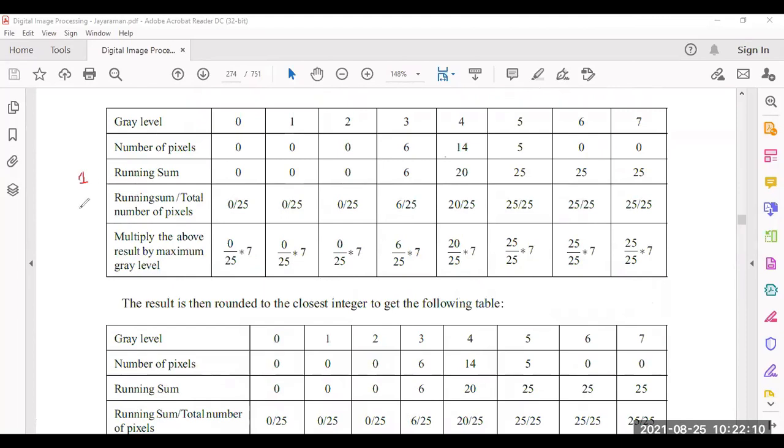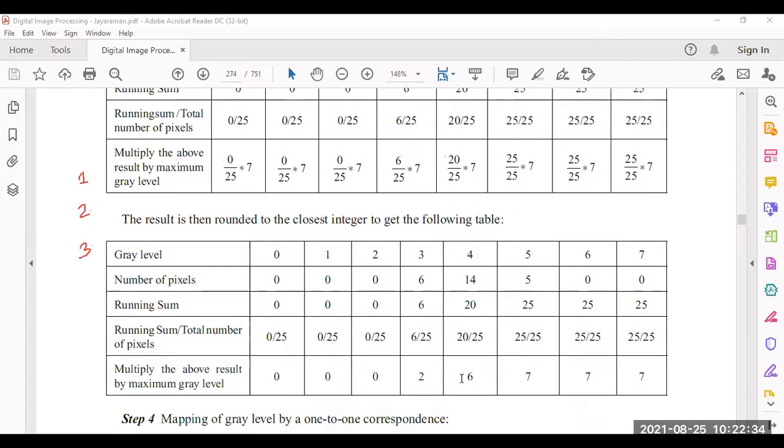Then the running sum is divided by the total number of pixels, step number 2. Then step number 3, I multiply the result of step 2 with the maximum gray level, which is equal to 7. So I have multiplied 7 with all of the pixels. Then whatever result you obtain, you have to round off.